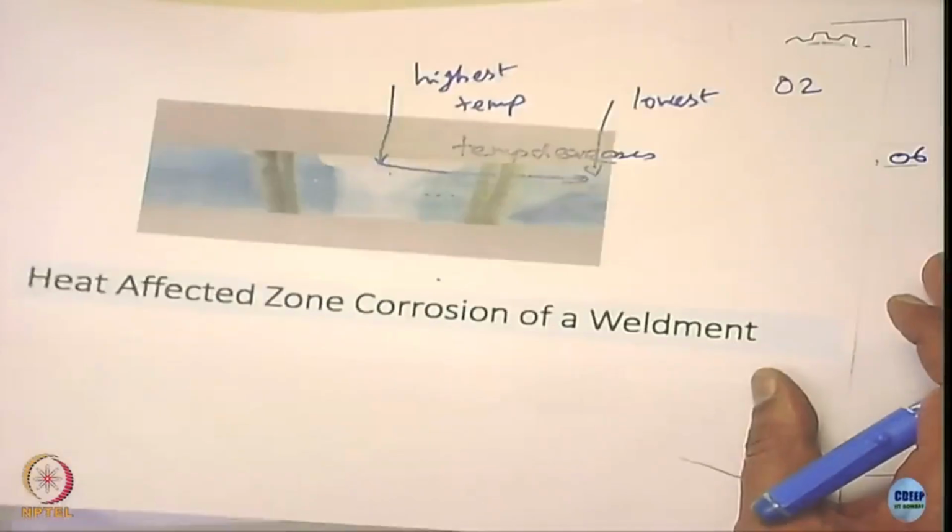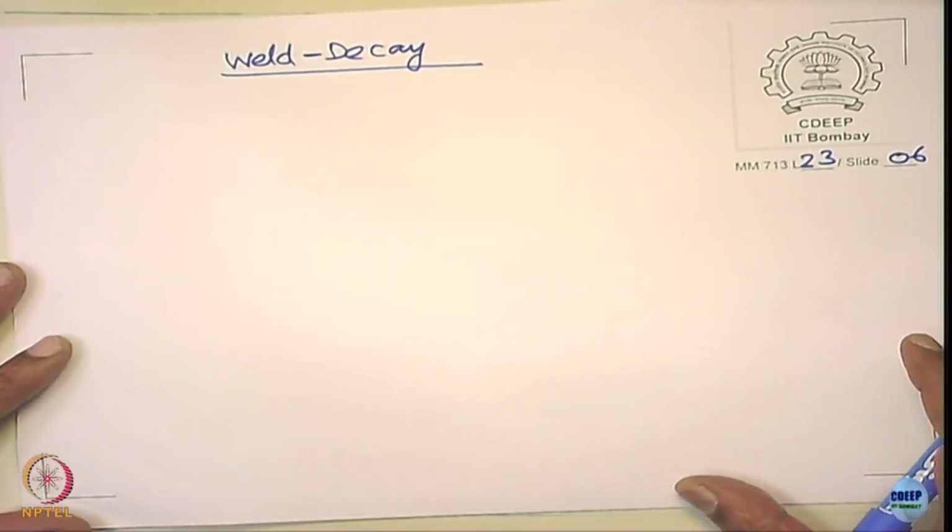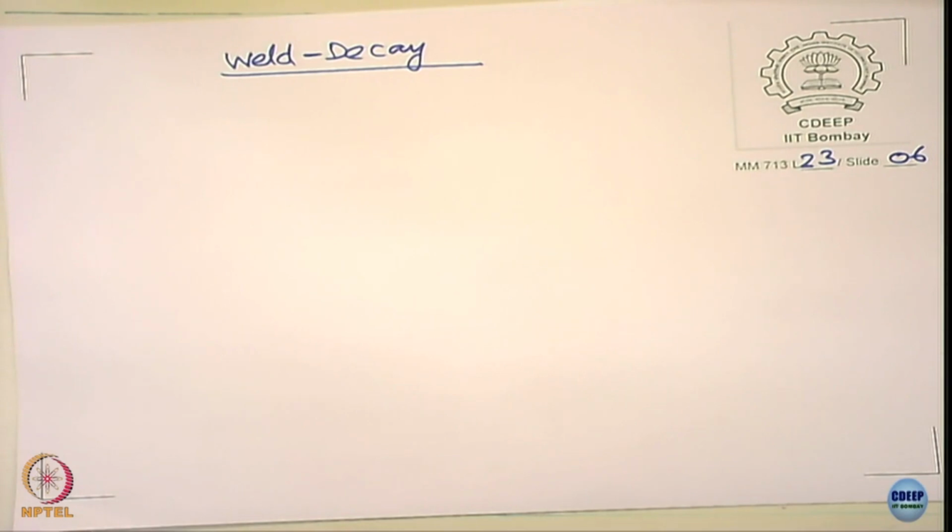We have seen the science of it. We have looked at the interrelation between the metallurgy of the alloy and the time and temperature cycles. With that we try to understand this particular phenomenon of weld decay. Now let us go back.